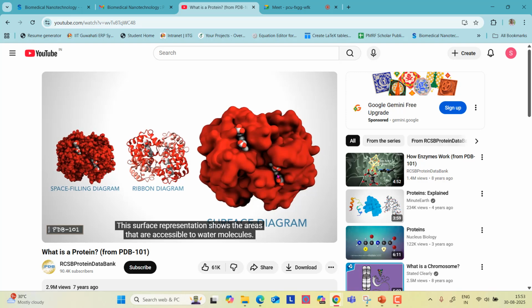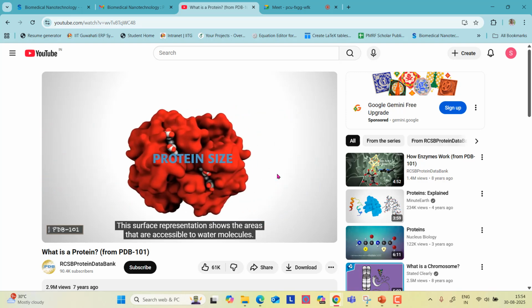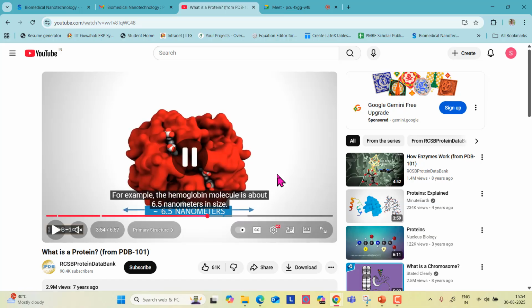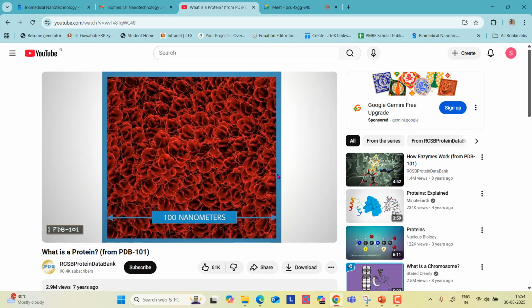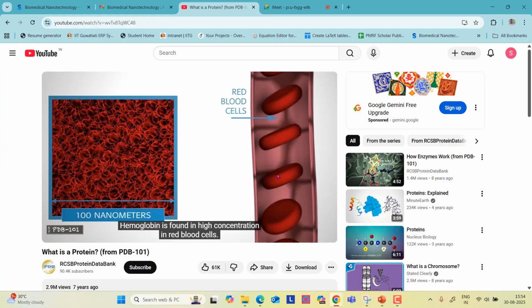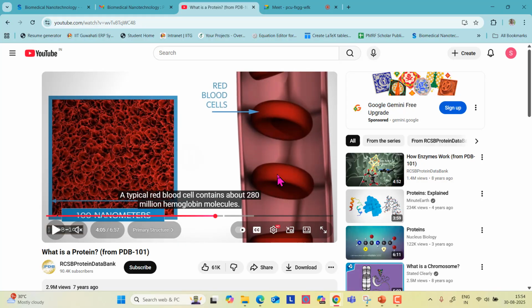Right? So these are the different types of diagram. The protein size is 6.5 nanometer. Yes, 6.5 nanometer means you cannot even visualize that length scale.